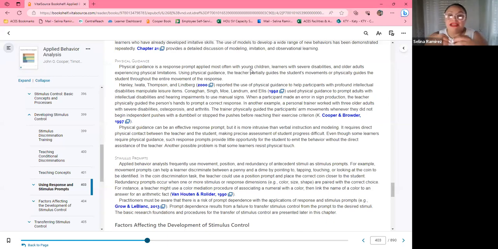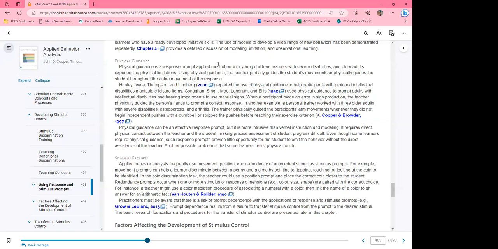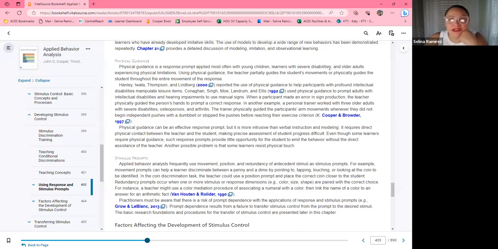But based off of the way that I wrote the program, physical guidance is included within most of their imitation targets because they don't have that imitation skill. So that's for your babies or severe disabilities or people experiencing physical limitation.